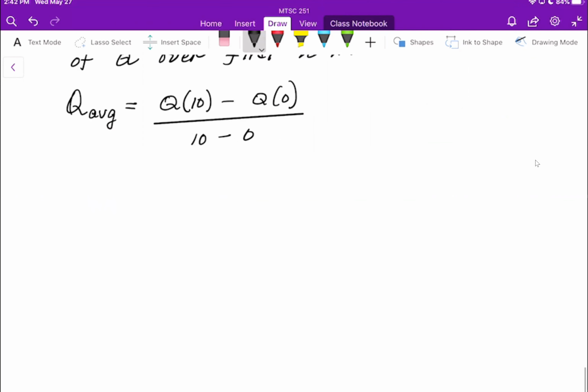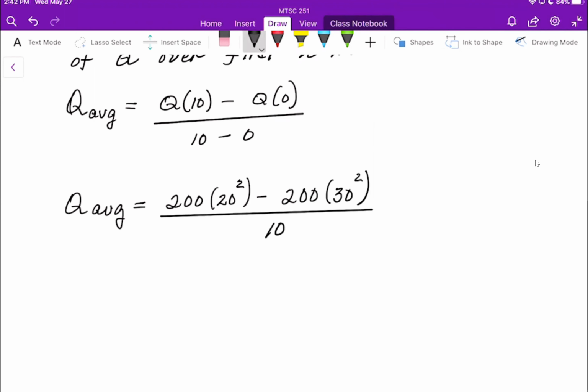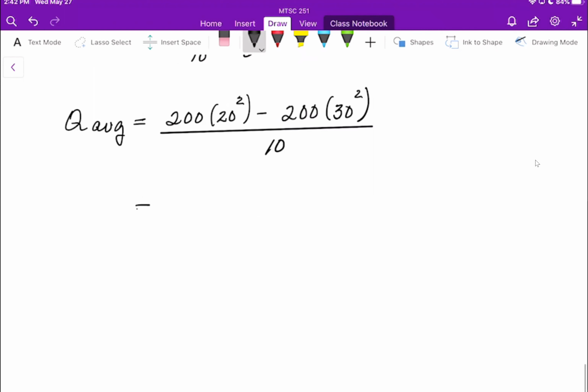So we need to find Q at 10. Q at 10 is 200 times 20 squared, and Q at 0 is 200 times 30 squared, all divided by 10. So let's simplify this.